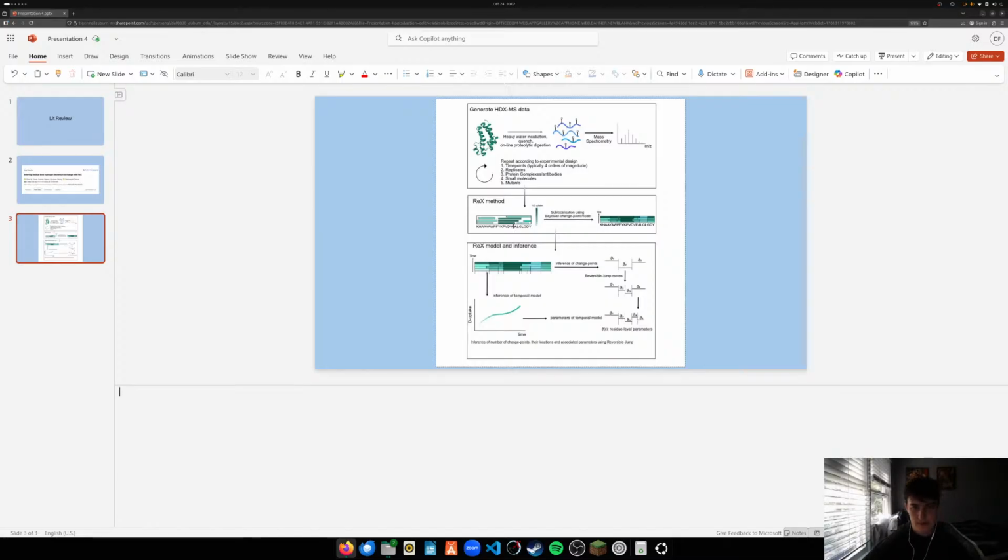So we have something like this, and then we assign a rate equation for the entire peptide, or the entire sequence length. So this would be like a jump point here with overlap.